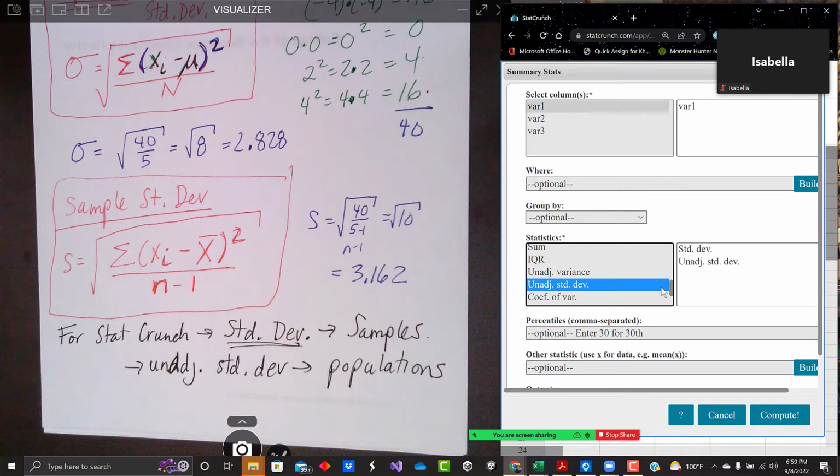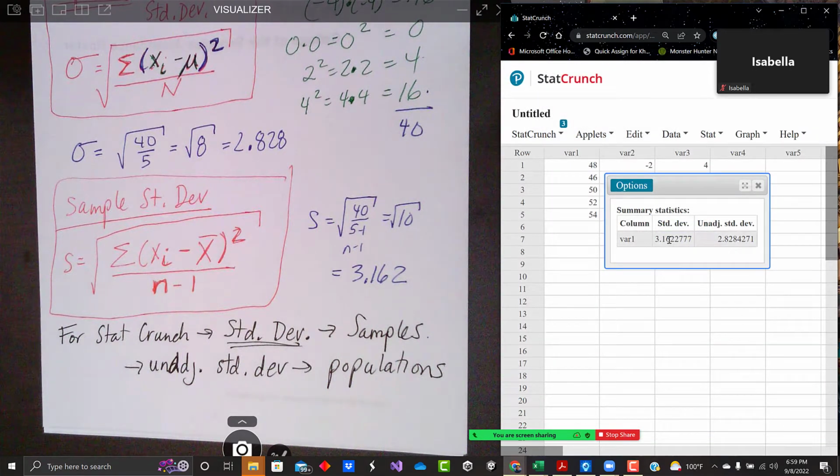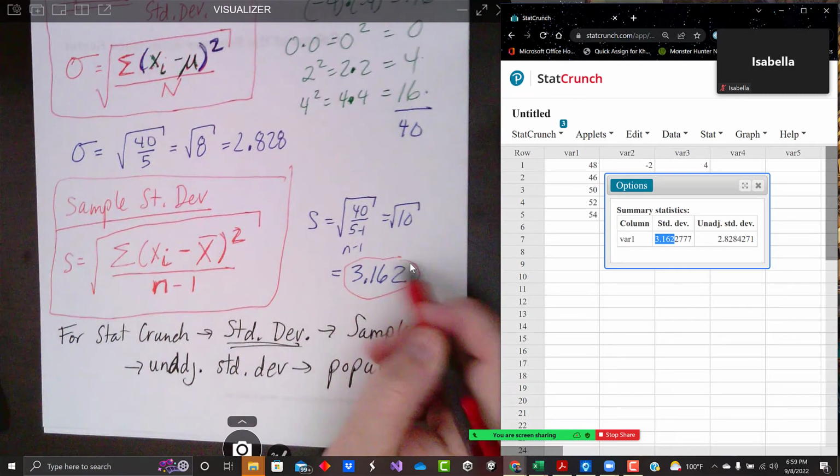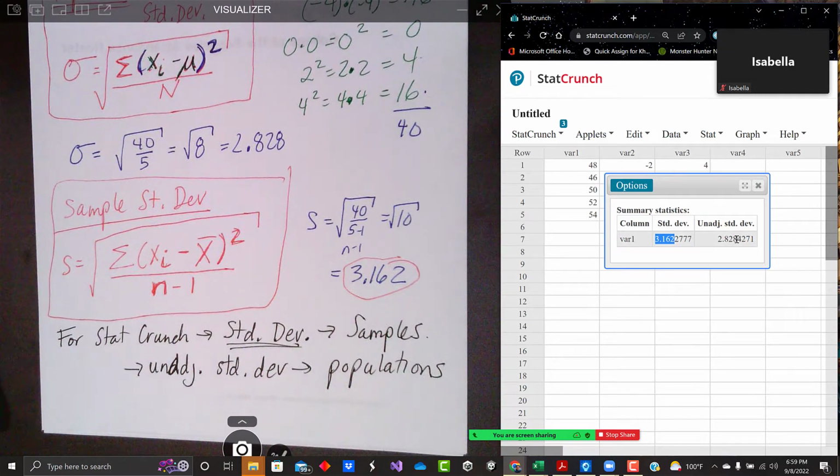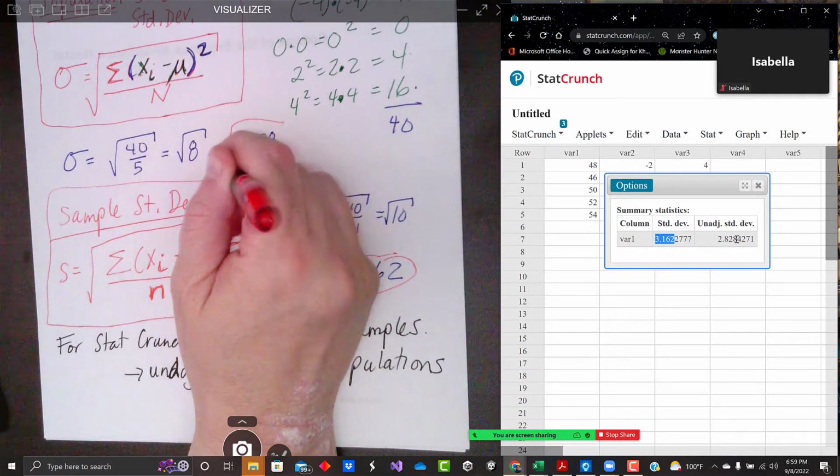And let's see if we get the same values I got. 3.162 for sample standard deviation. I got that right here. And 2.828 for if it's a population.